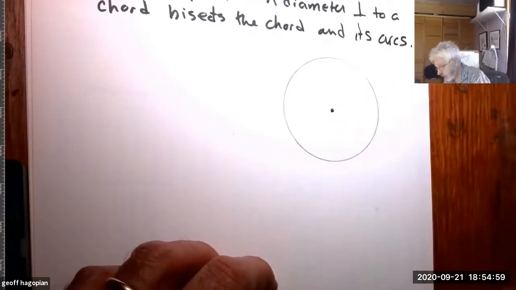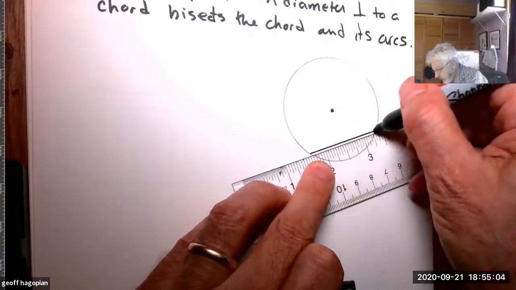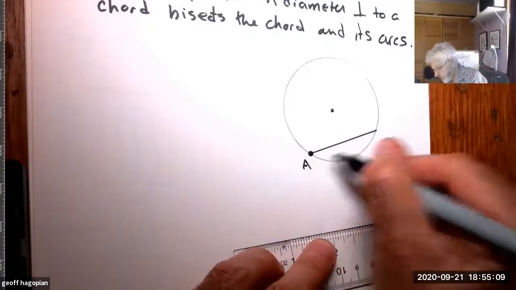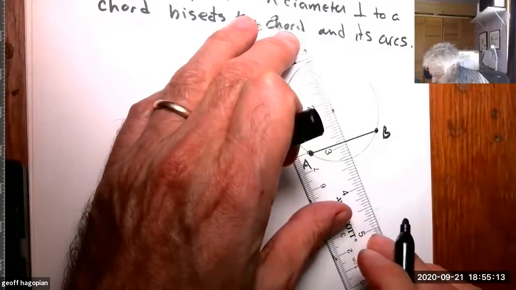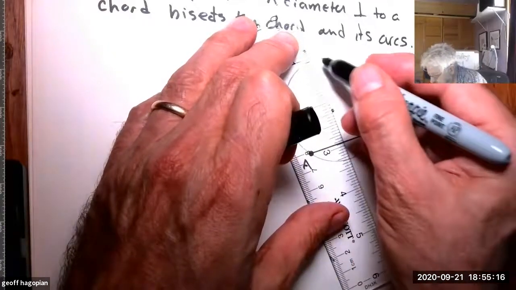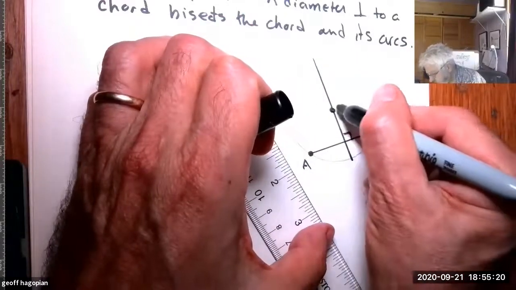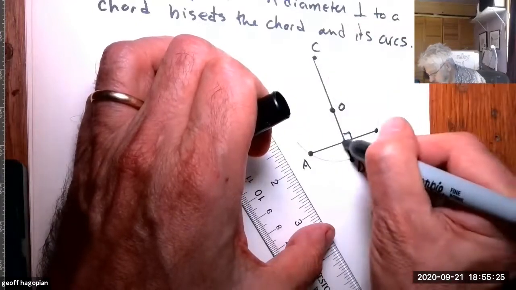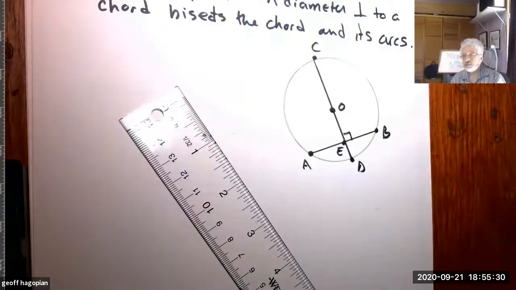So if I have a chord, let's say like AB here, and I have a diameter that passes through the center. So this is the center point O. I'm going to call this CD, and maybe call this E. So I've got now 6 points altogether in contention.